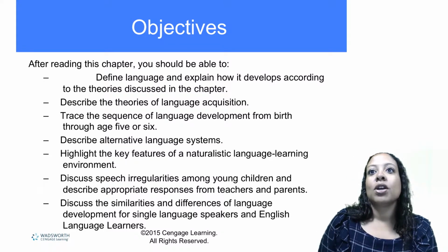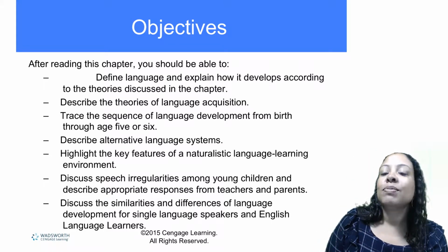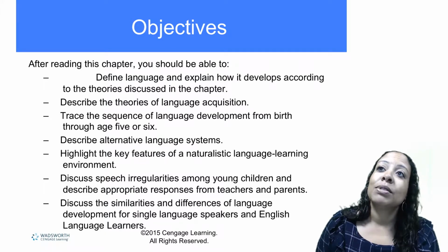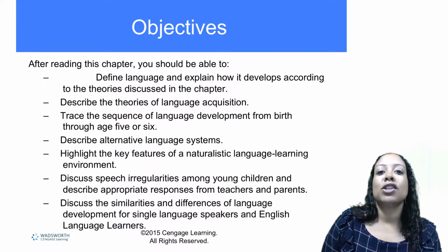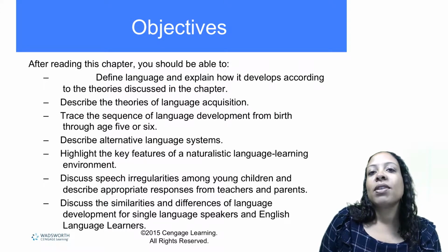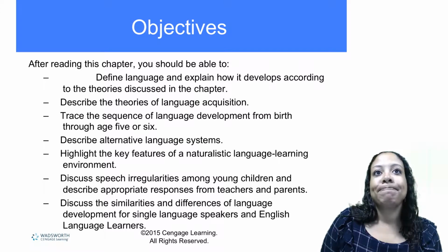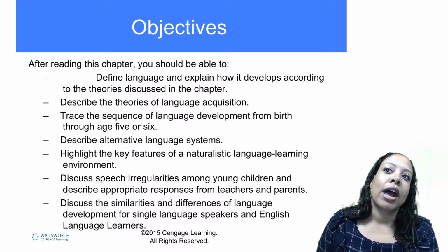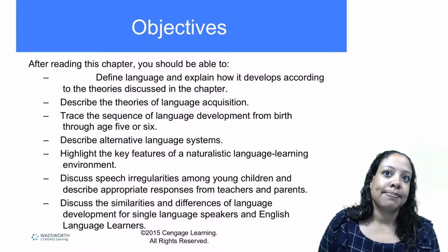So after reading this chapter, you should be able to define language and explain how it develops according to the theories discussed in the chapter. Describe the theories of language acquisition. Trace the sequence of language development from birth through age 5 or 6. Describe alternative language systems.